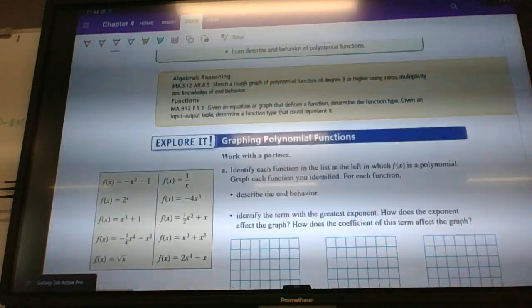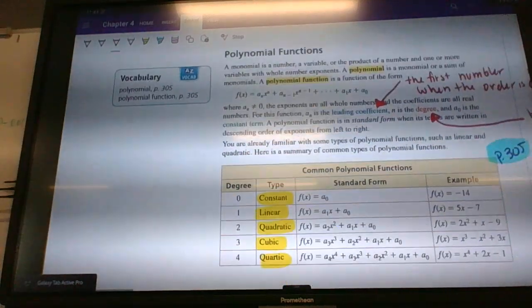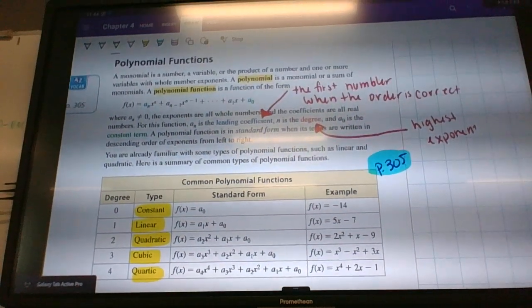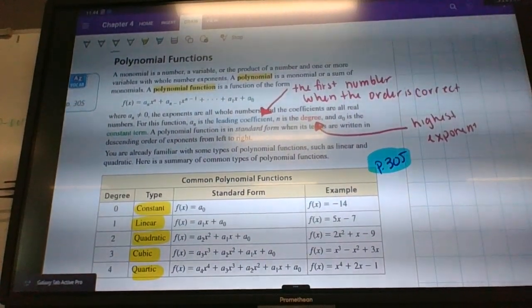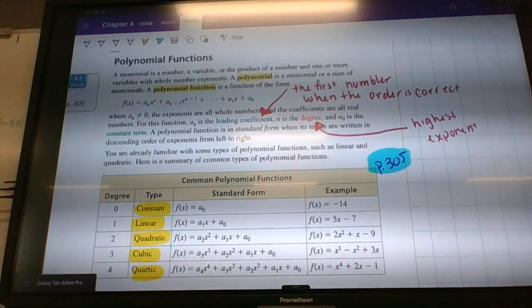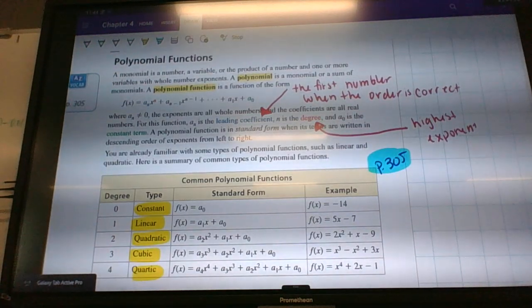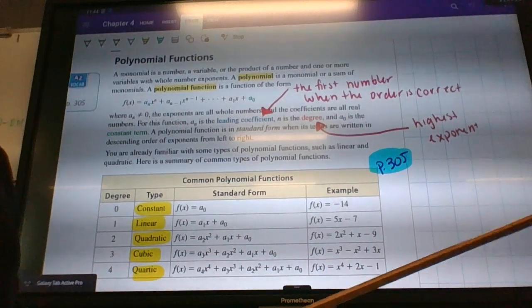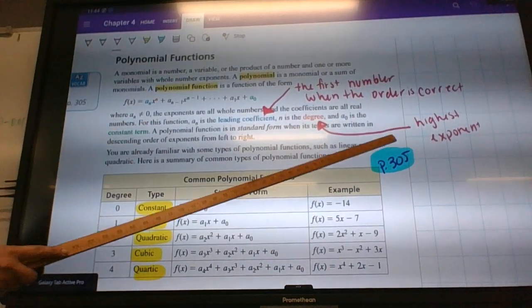All right, so these are called polynomials. Let's go to page 305. There's some pretty important vocab here.